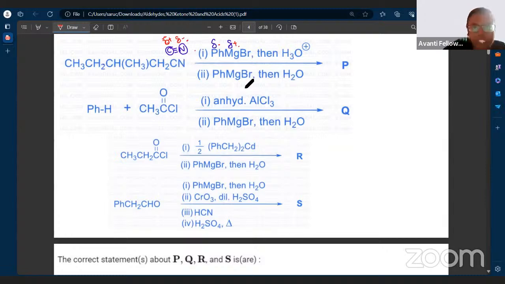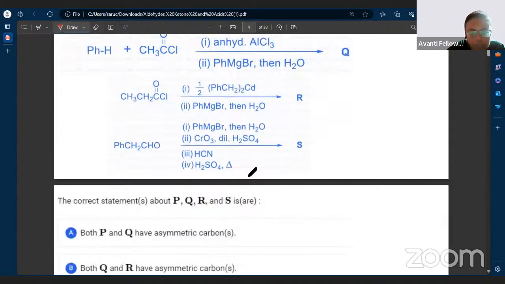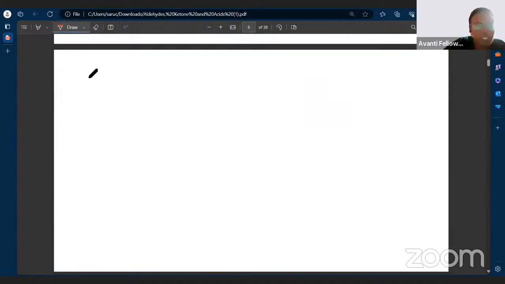I'll write the reaction on a fresh page. I have CH3CH2CH(CH3)CH2C triple bond N. It reacts with PhMgBr. Mg has the positive charge and here carbon has the positive charge.